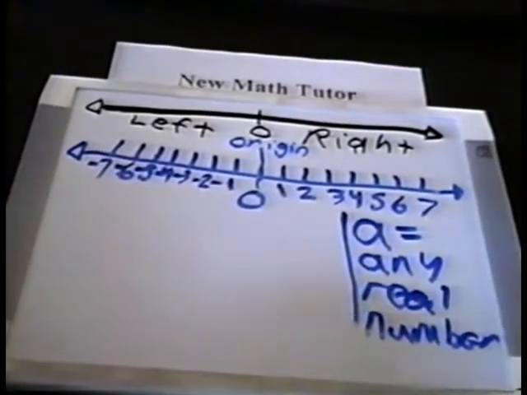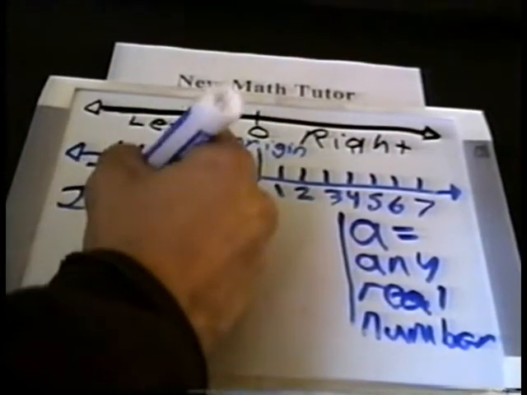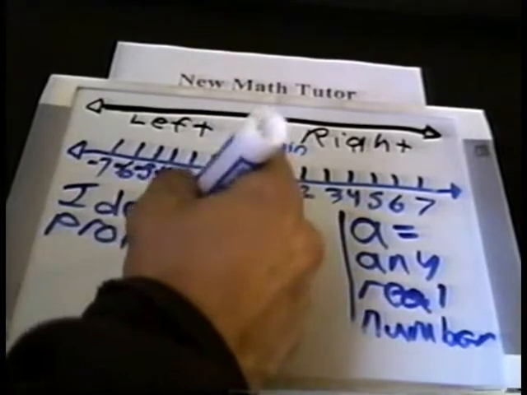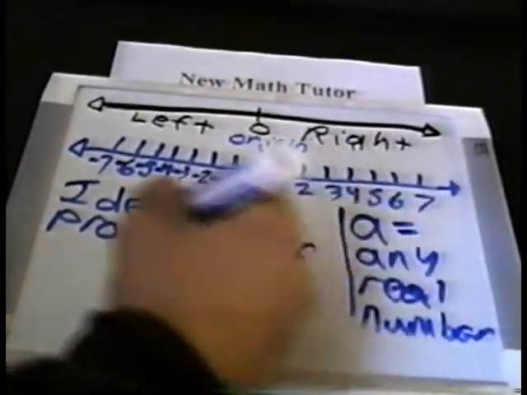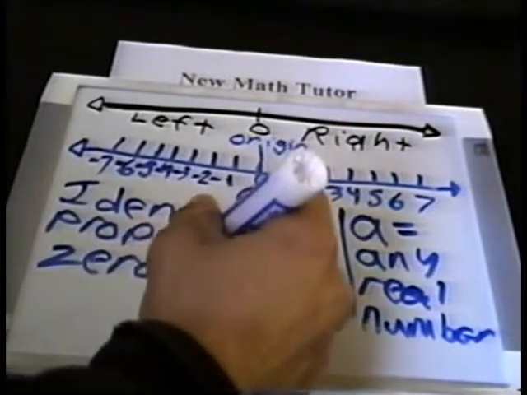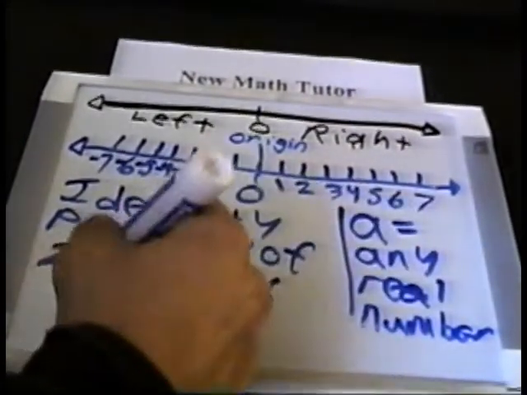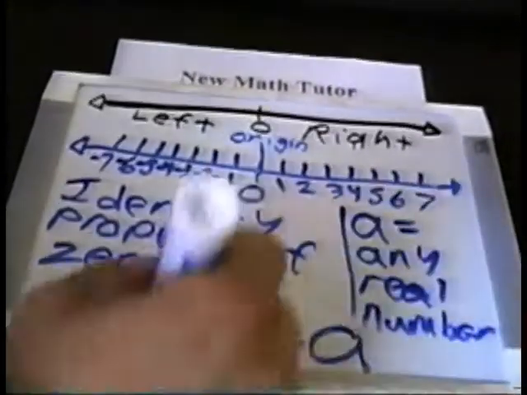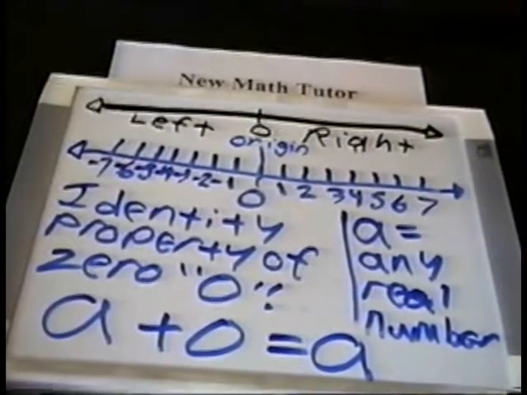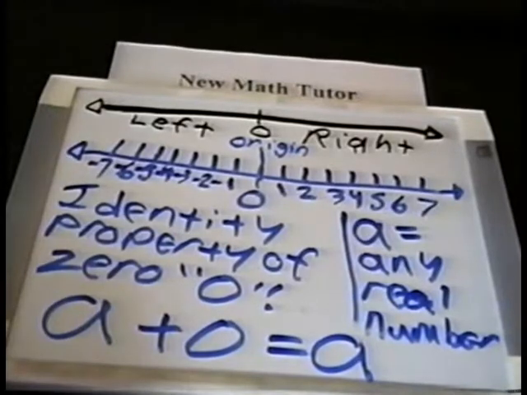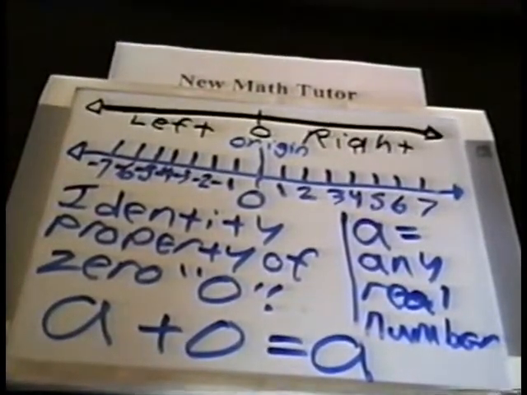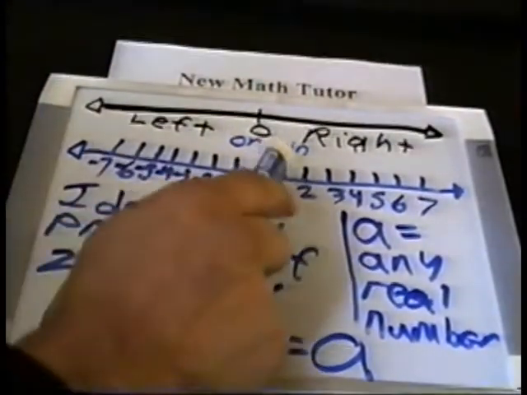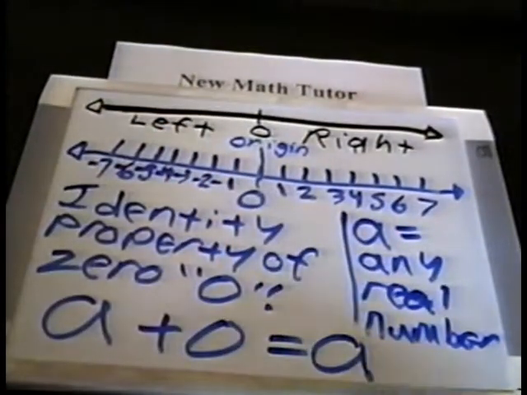It does nothing to the number. That's the identity property of 0 for any real number.